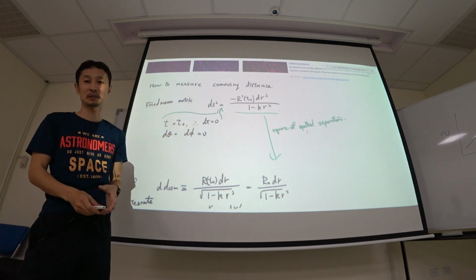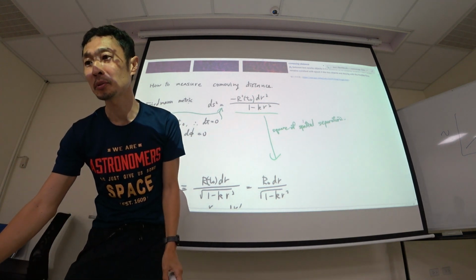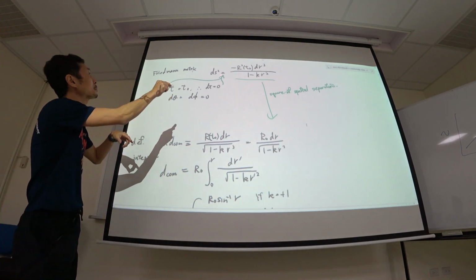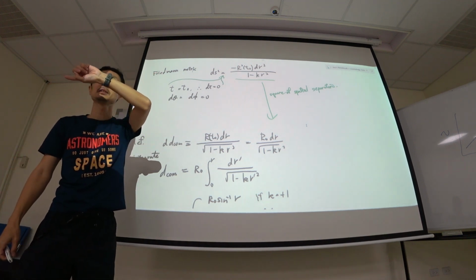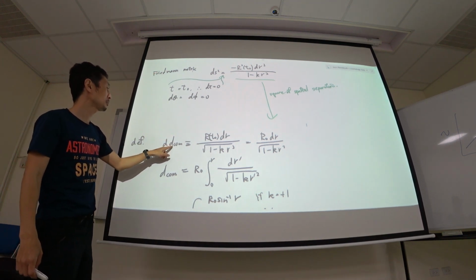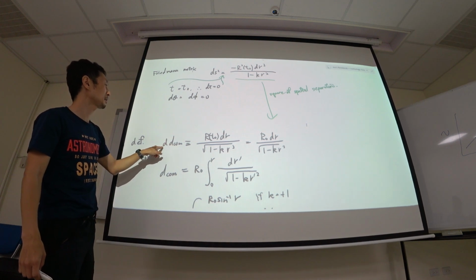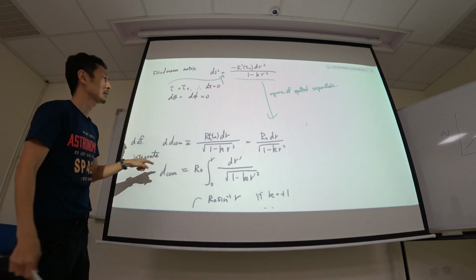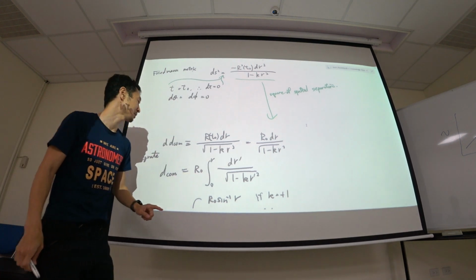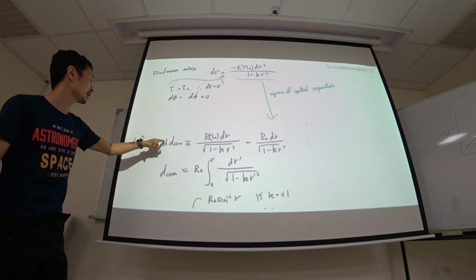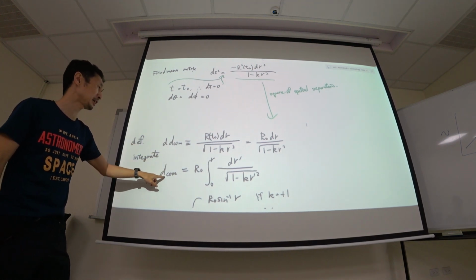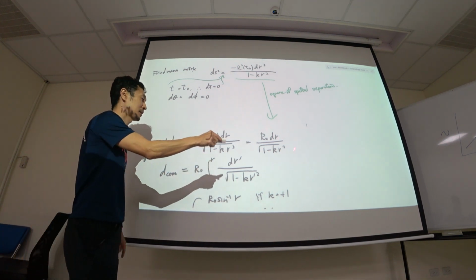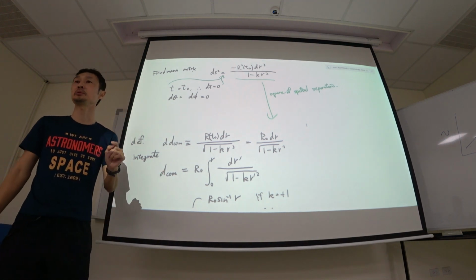So the definition of co-moving distance is you take the square root, because this is squared, and then integrate. Now I took the square root here, and this is the delta co-moving distance. So you need to integrate from 0 to somewhere, and that gives you the co-moving distance.